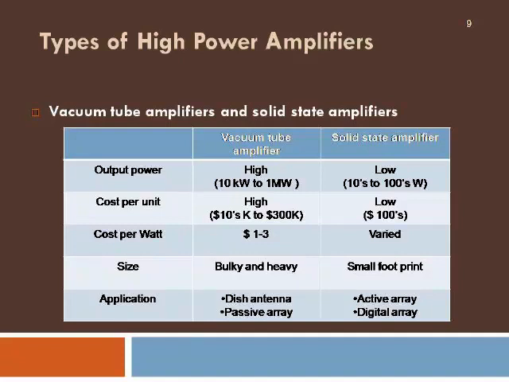But you need multiple numbers for this. So the cost per watt of power output, if we consider, is going to be $1 to $3 when we go for vacuum tube type devices, and it can be variable in the case of solid state amplifiers.